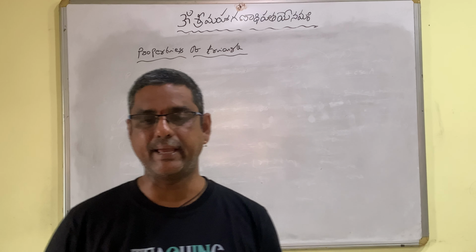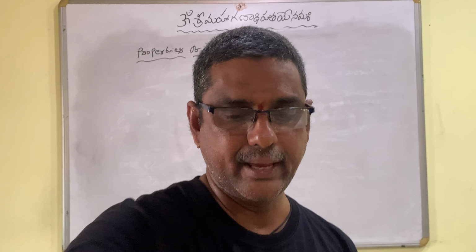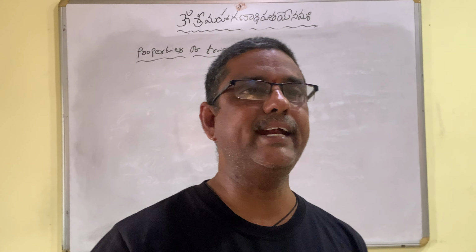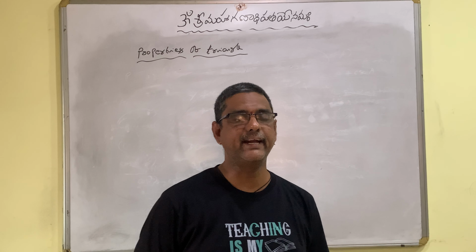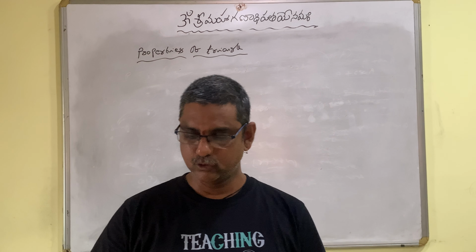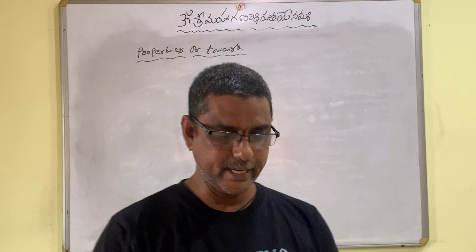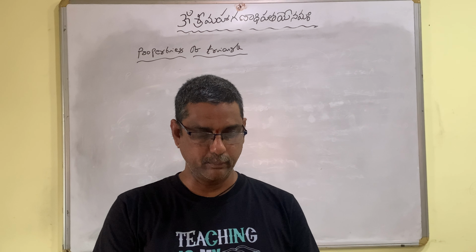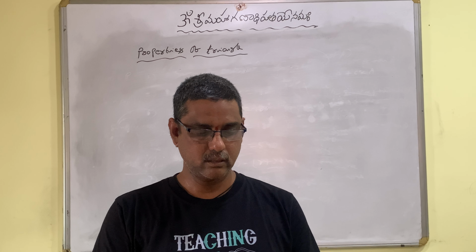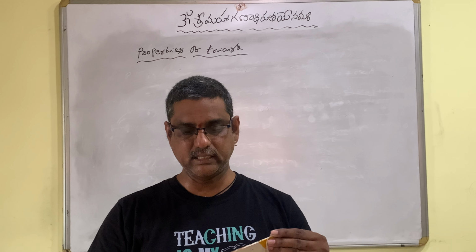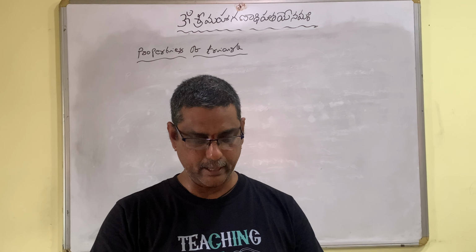Now the fifth property is that the difference of two sides is less than the third side. So what I did, I took two threads whose measurements equal two sides of the triangle.